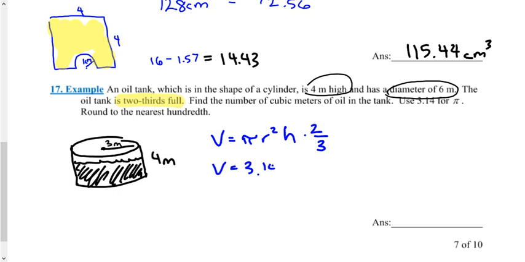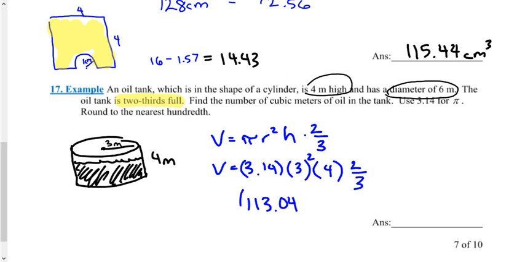So we'll use 3.14 times the radius, which is 3, times the height, and we'll take that times 2/3. So the volume of the whole cylinder, not just the oil, the whole cylinder, if I do just 3.14 times 3 squared, boy, doggone, I forgot to write it again, times 3 squared times 4 is 113.04.